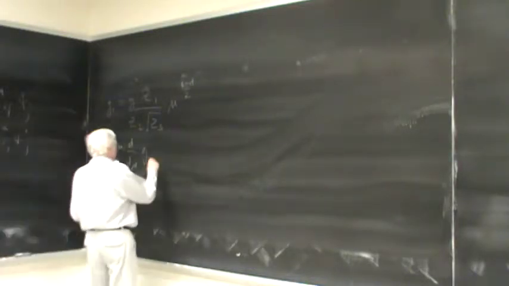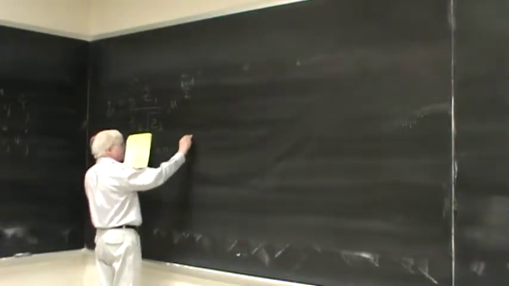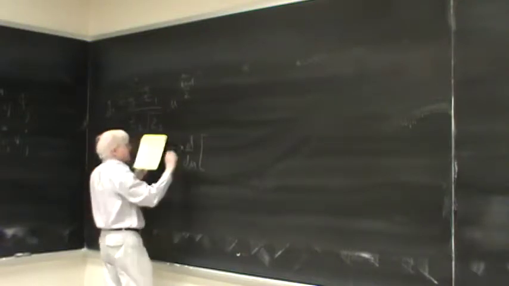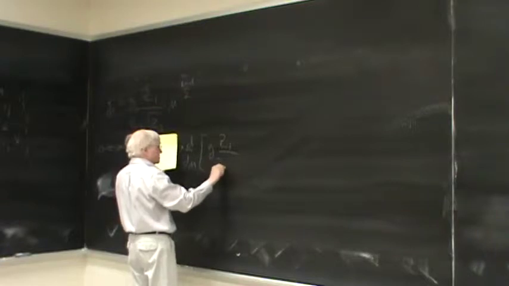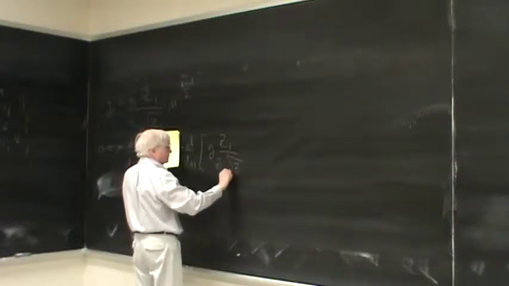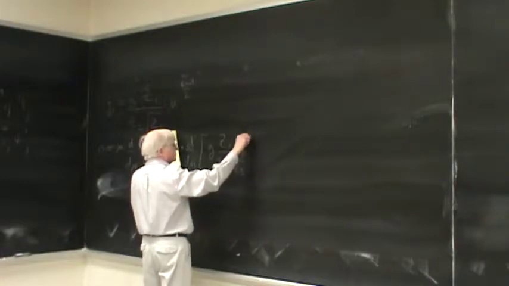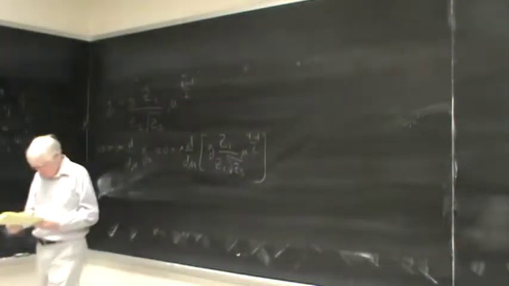So that means that we have 0 is equal to mu d by d mu of the right-hand side, which is g Z1 over Z2 square root Z3 mu to the (4 minus d) over 2. Okay, so that's our basic equation.